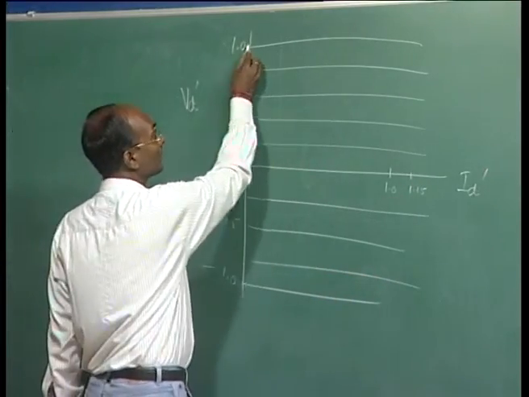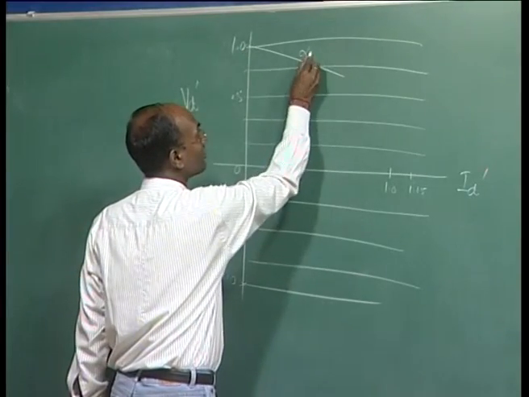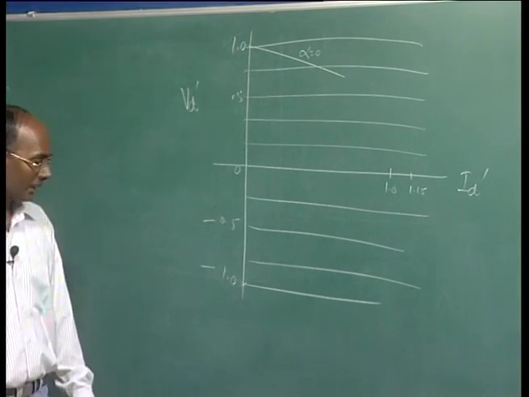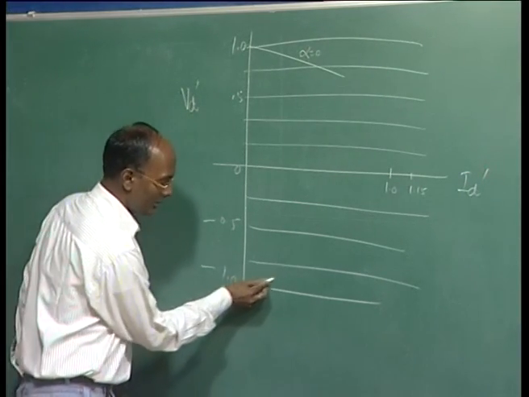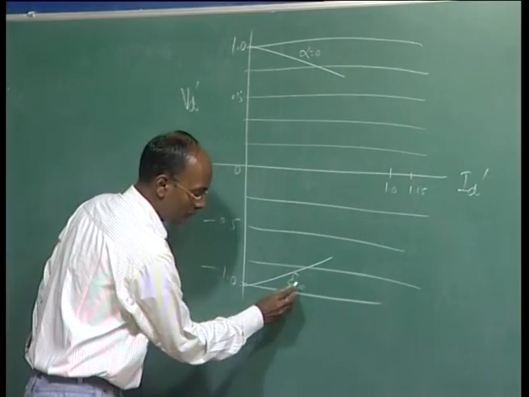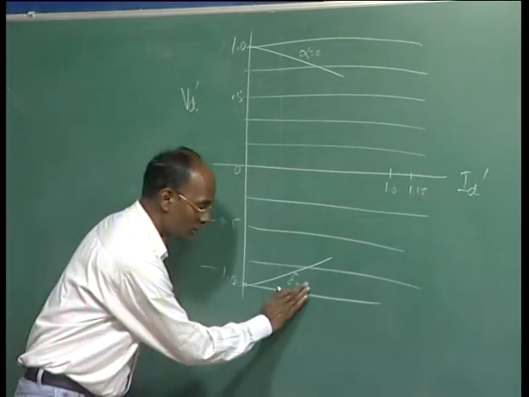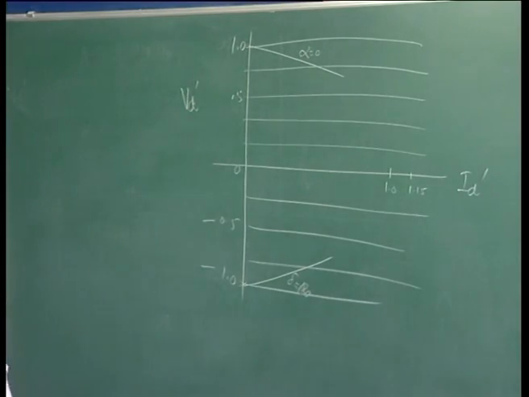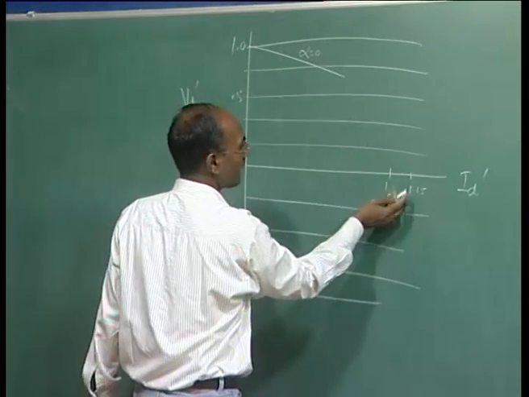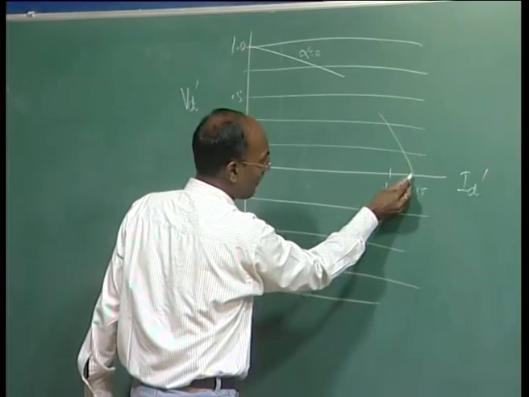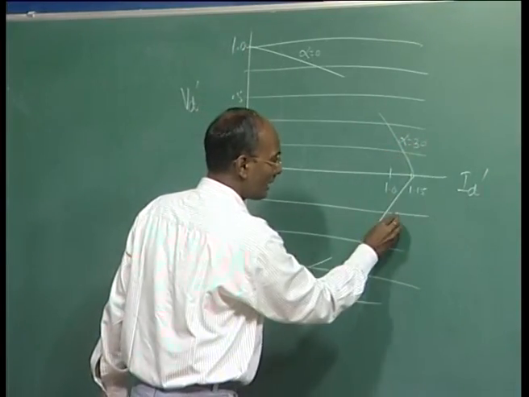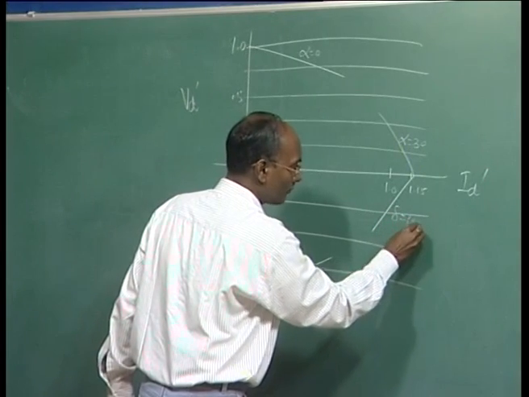Then we had the characteristic where alpha is equal to 0, and a characteristic where delta is equal to 180. Then we found another slope here, where alpha is equal to 30 and delta is equal to 150.